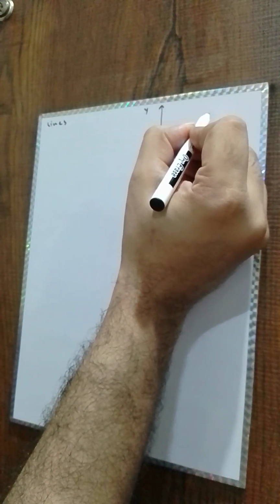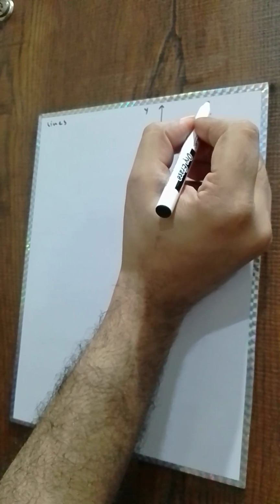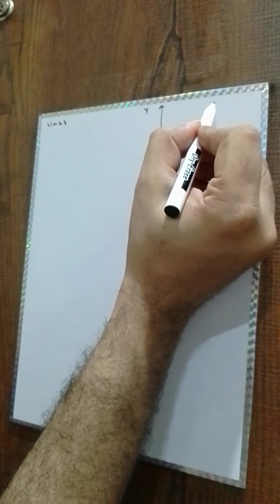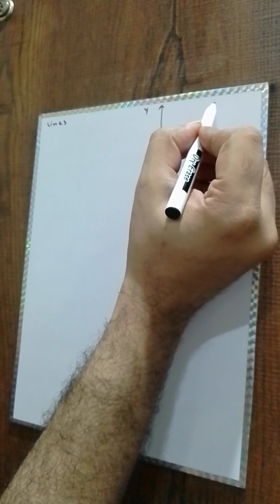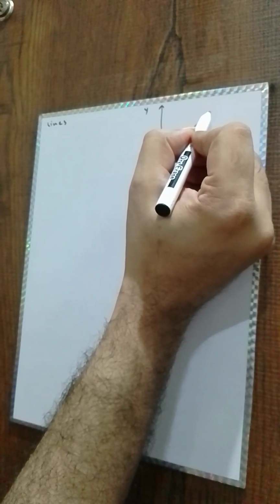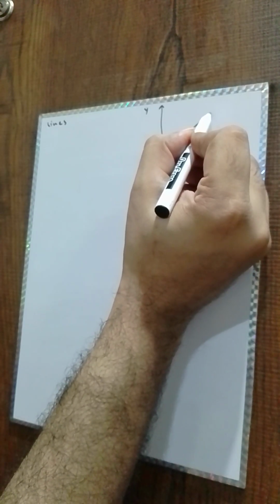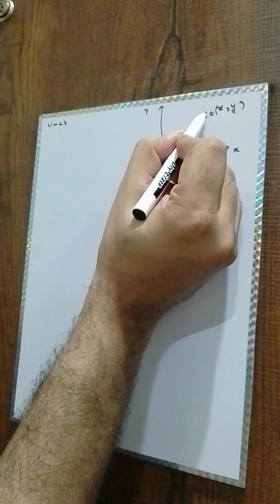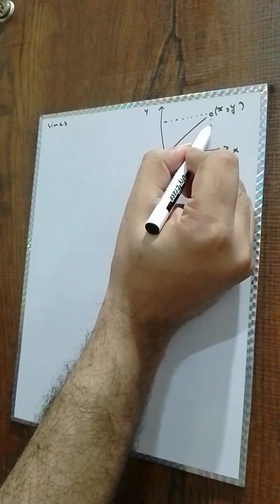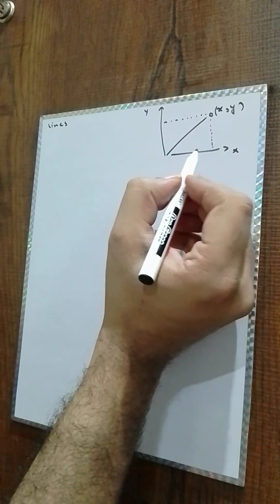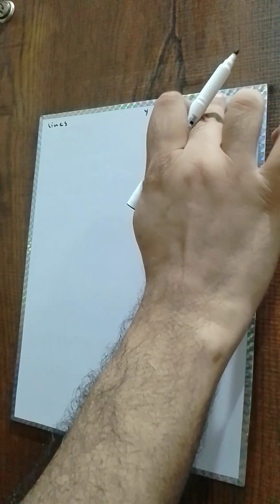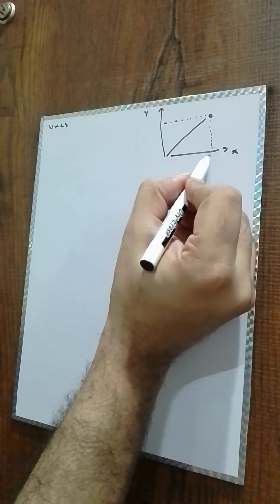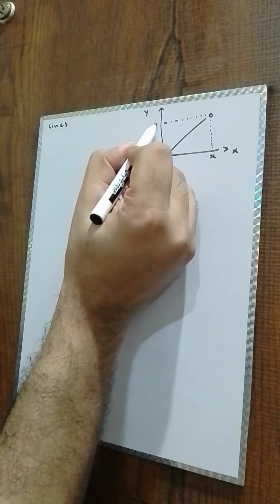It has a point here, and this point is basically x y in terms of the coordinates, and it has projections on the x-axis, x here and y here.